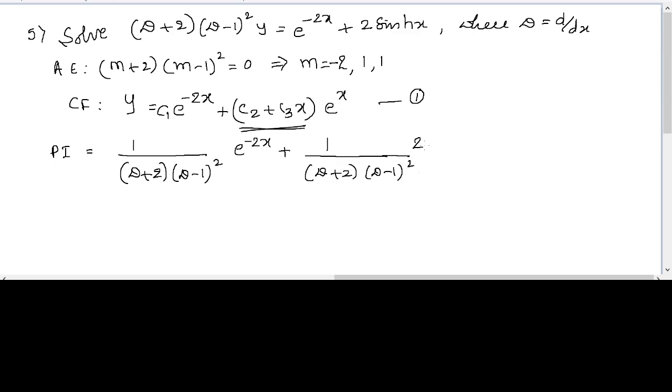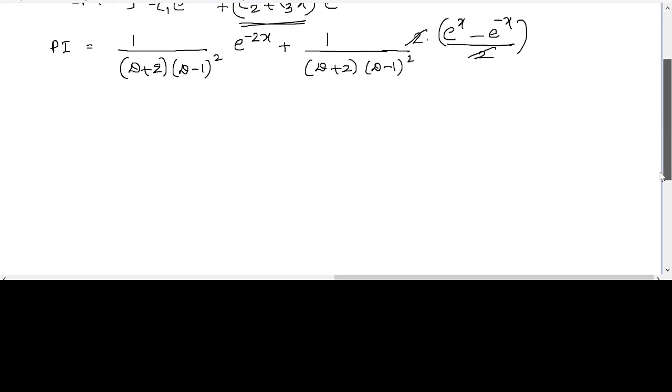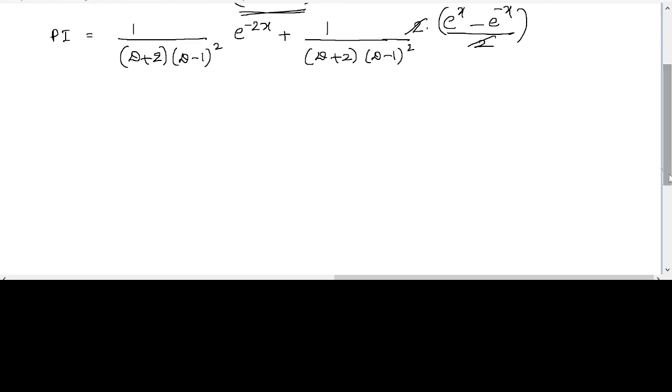This sinh x can be written in terms of exponentials as (e to the power of x minus e to the power of -x) divided by 2. So here you can cancel this 2. Now once you cancel that 2, we can simplify further.